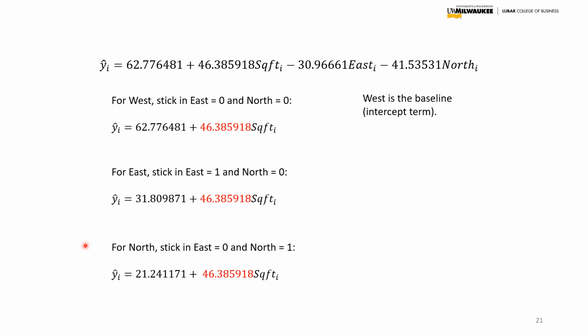And then finally for north, we would subtract off the minus 41.53531 off the intercept to get this value of 21.241171. So we have 3 lines here with the same slopes vis-a-vis the square footage. We can also see that west homes on average sell more for a given square footage than east homes, and east homes sell more than north homes.